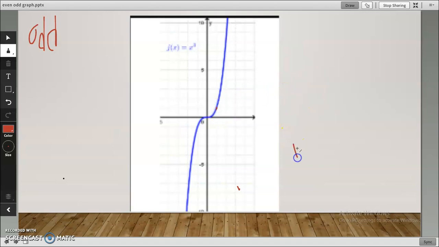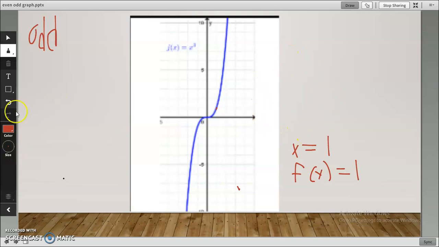So when x equals 1, it looks like f of x is also equal to 1. So when x is 1, y is 1.